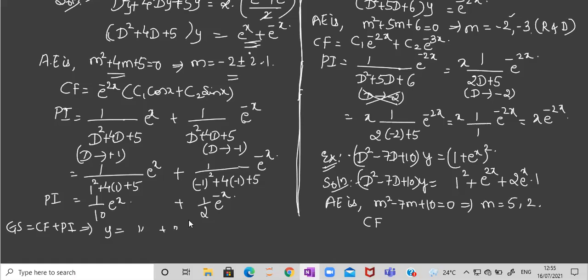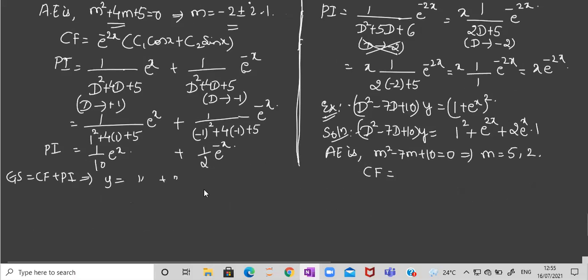Tell me now, which type of roots are these? They are real as well as distinct. How to write for each root? Write it in the form C1 e raised to first root into x, plus C2 e raised to second root into x.